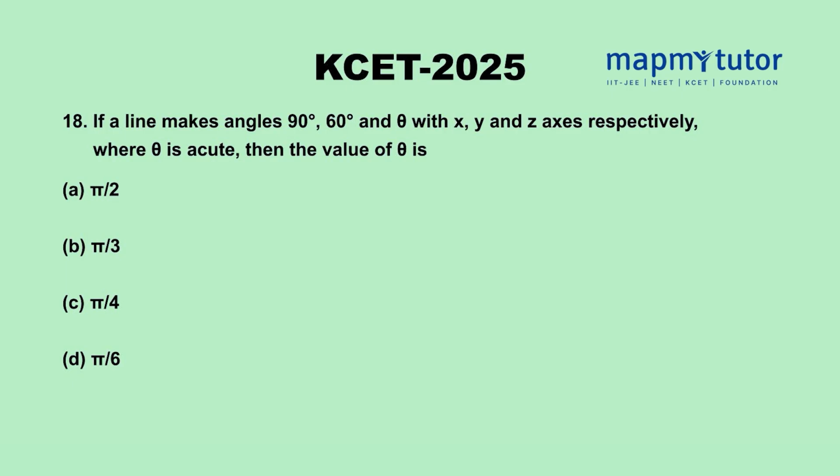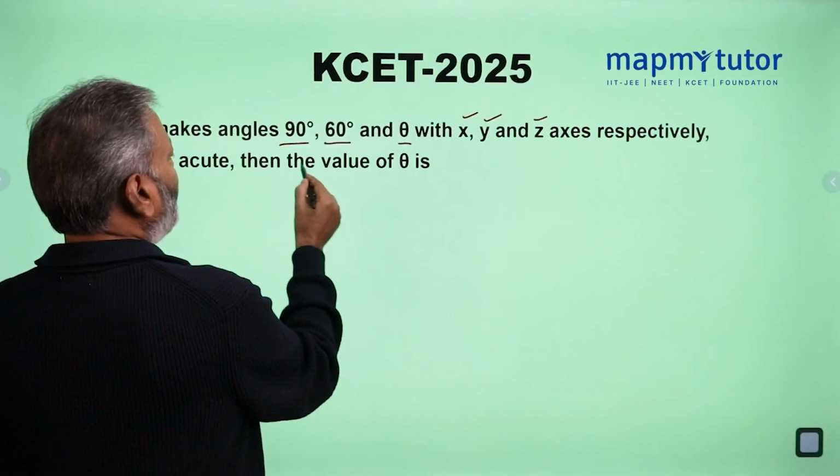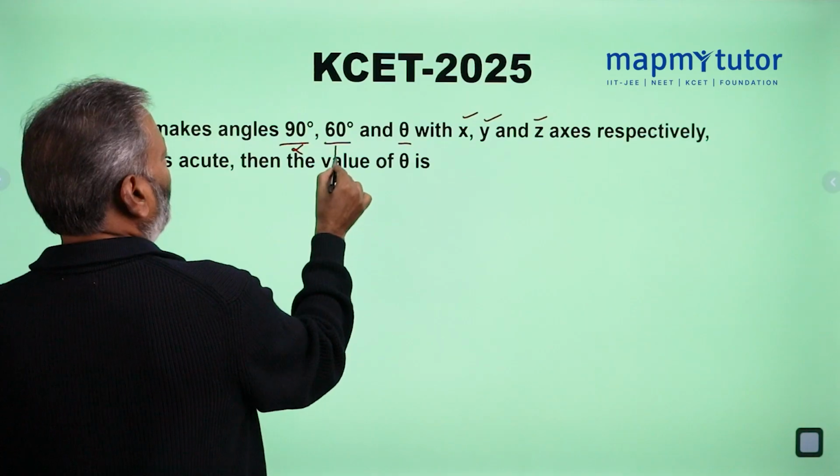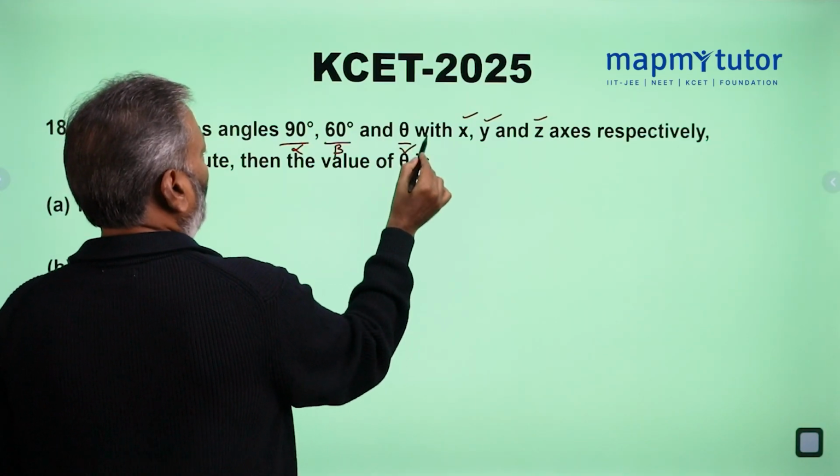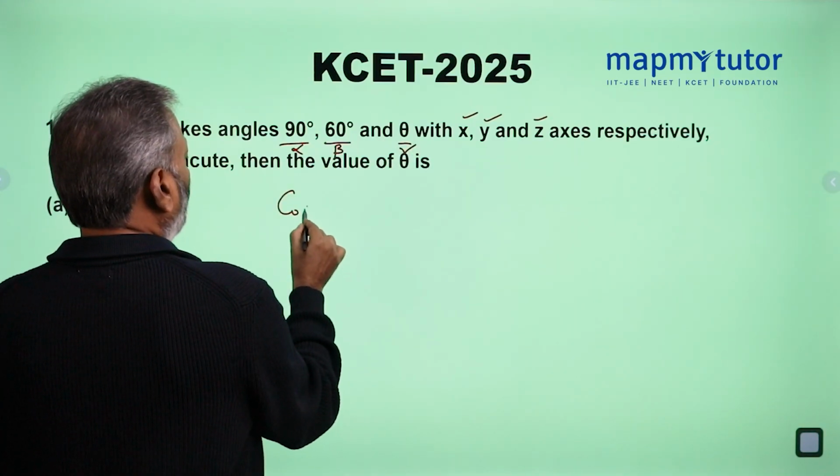If a line makes angles 90 degrees, 60 degrees and theta with the x, y, z axes respectively, where theta is acute, then find the value of theta. Usually, with the x-axis we take the angle as alpha, y-axis beta and z-axis gamma.